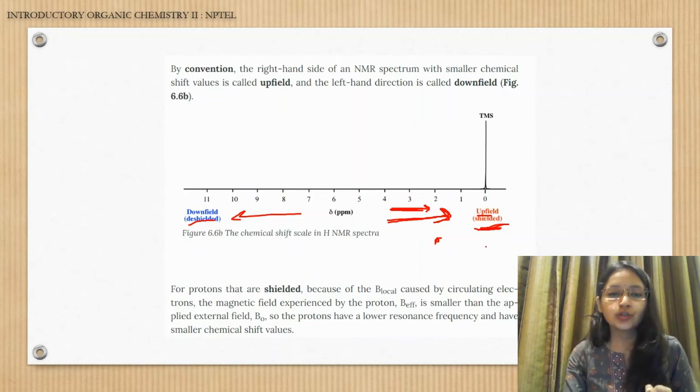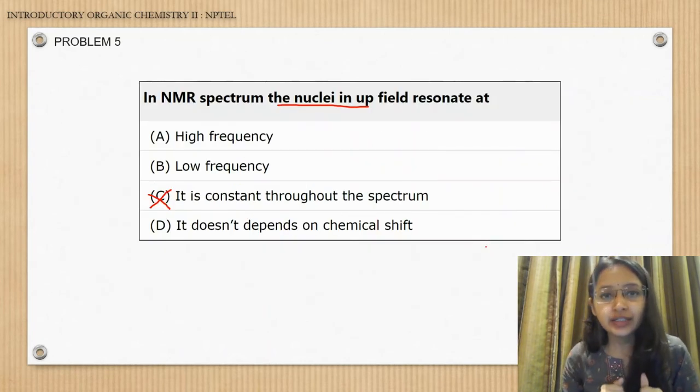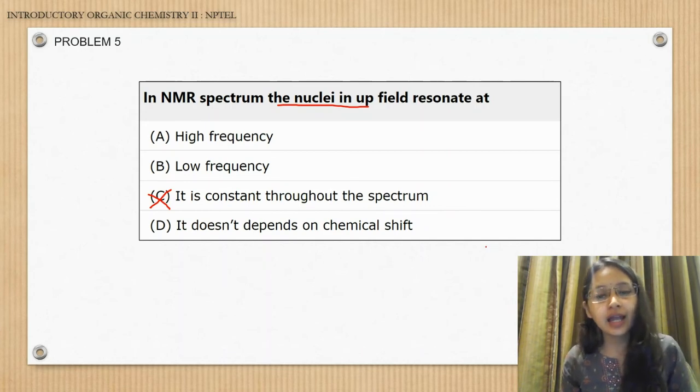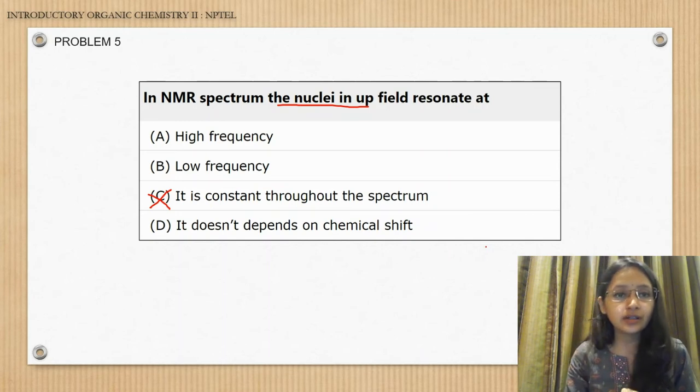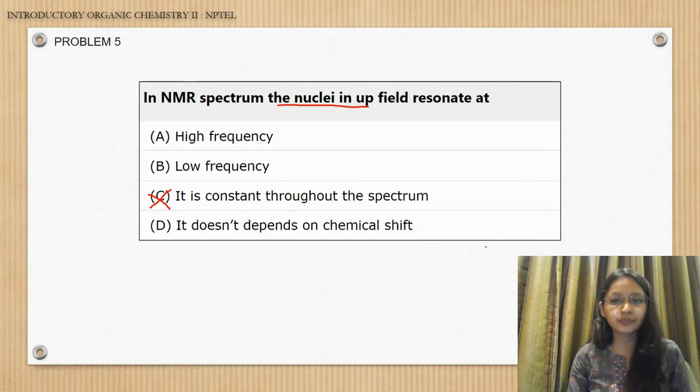So the question is asking, if the nucleus is resonating upfield in the NMR, what is the particular thing it has? High frequency, low frequency, or it doesn't depend on chemical shift? As we have said, the chemical shift is directly related to the resonance frequency at which the nuclei resonate, so it is not the case that it doesn't depend on chemical shift.